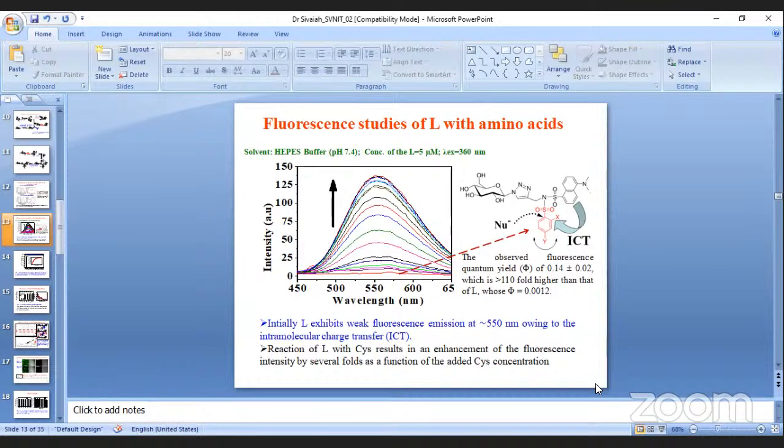As you can see, by increasing the concentration of cysteine, there is a gradual increase in the fluorescence emission intensity, several fold as a function of added cysteine concentration, because the electron withdrawing, electron deficient 2,4-dinitrobenzene moiety is released from the molecule. We will discuss the mechanism in the coming slide.